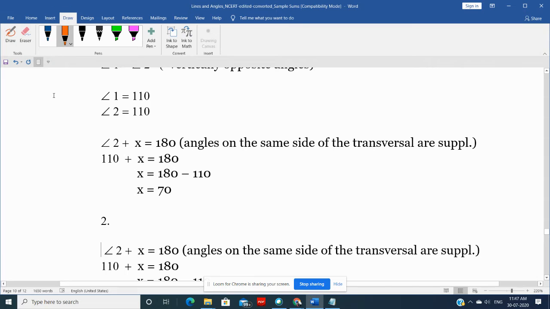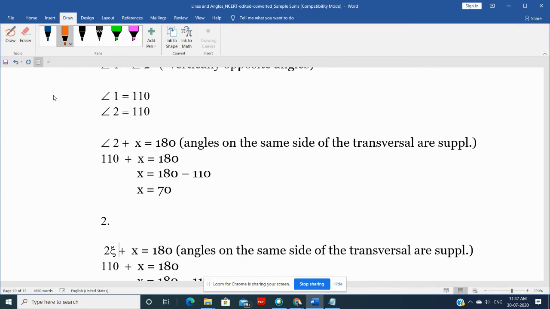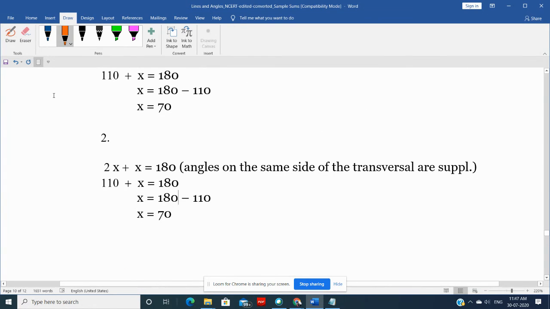So we can easily say that 2x plus x is equal to 180. Same reason: angles on the same side of the transversal are supplementary. Now, 2x plus x makes 3x.